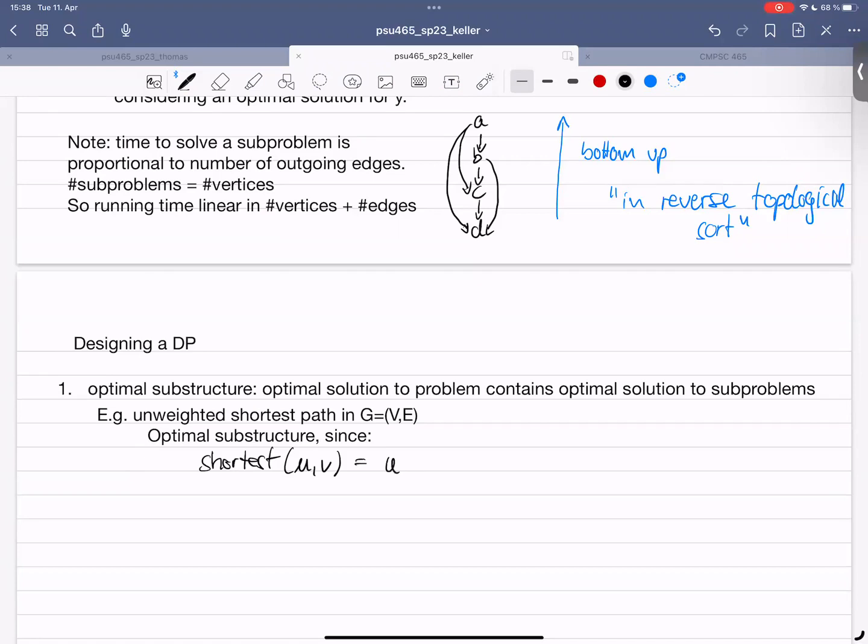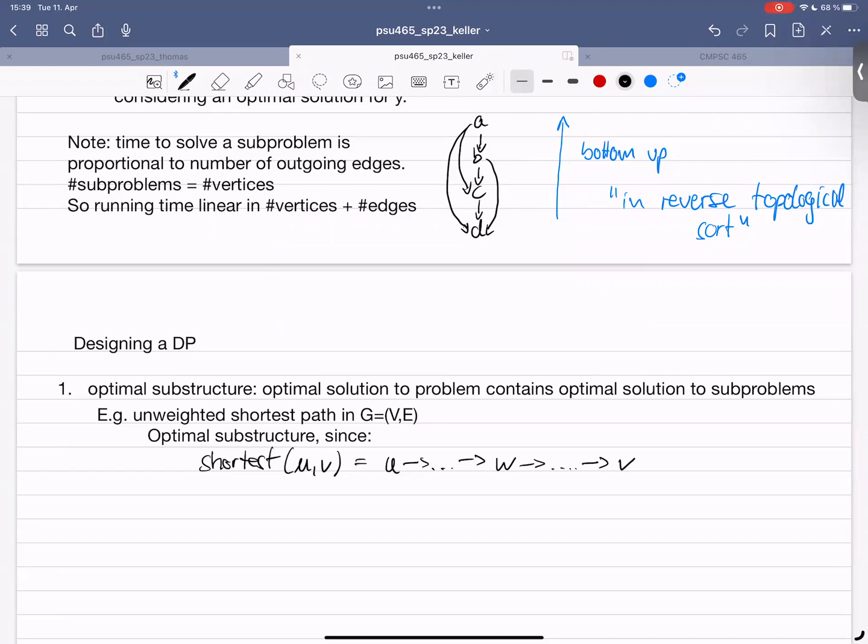So we start at vertex U and we go to a couple of other vertices along this path, and at some point reach some vertex W. Then we continue from W through some other intermediate vertices and finally reach vertex V.